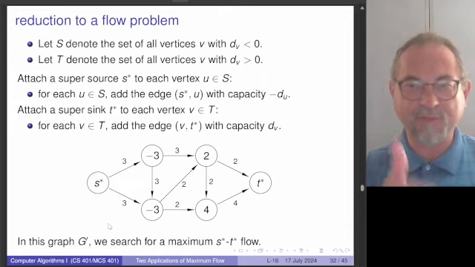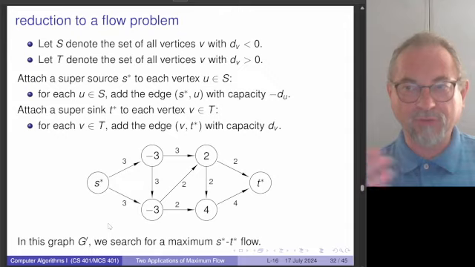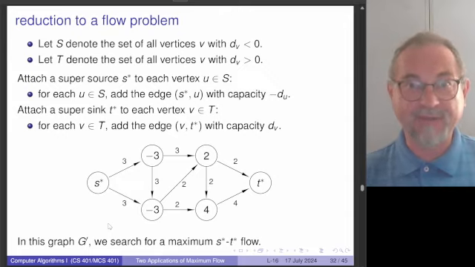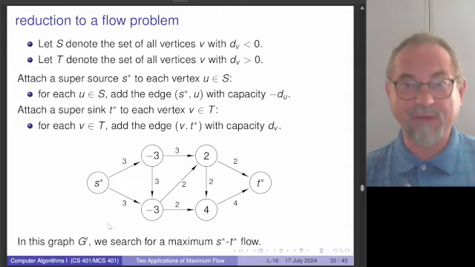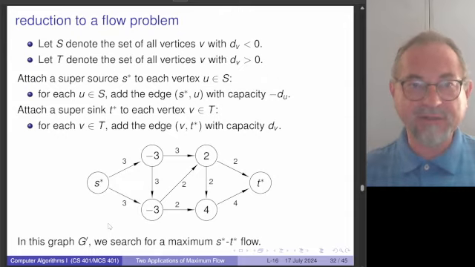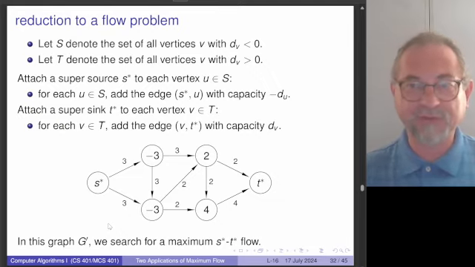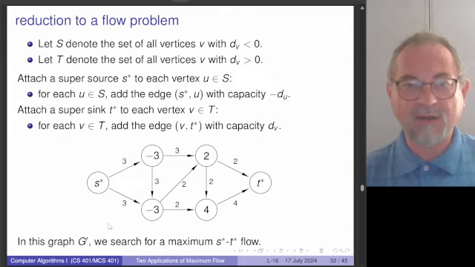You see, for the example, I have two nodes, two factories who each provide supply of 3. So I have added two edges where the capacity equals 3. On the other side, we have two vertices with positive demand. These are the retail outlets with demands of 2 and 4 respectively. So we will add edges where the capacity equals the demands.